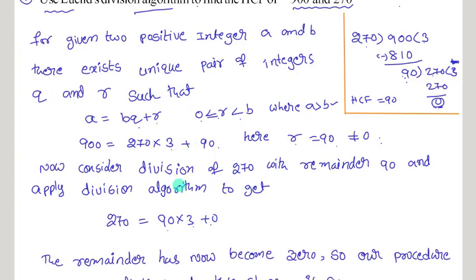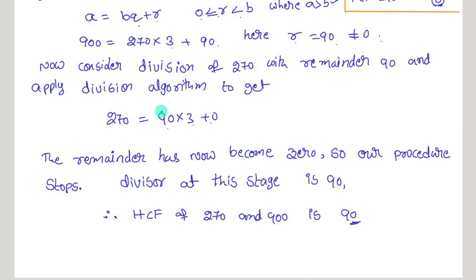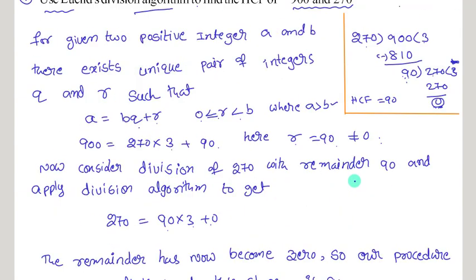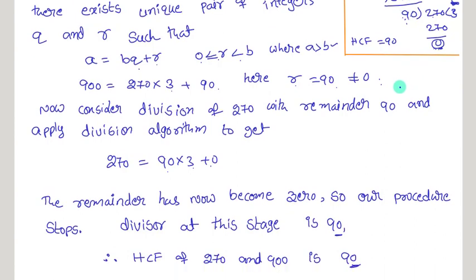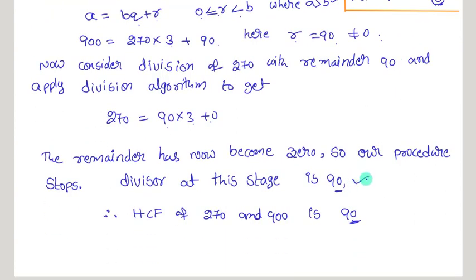In this stage, the remainder has become 0, so our procedure stops. The divisor at this stage is 90, so this divisor is said to be the HCF. Therefore, the HCF of 270 and 900 is 90.